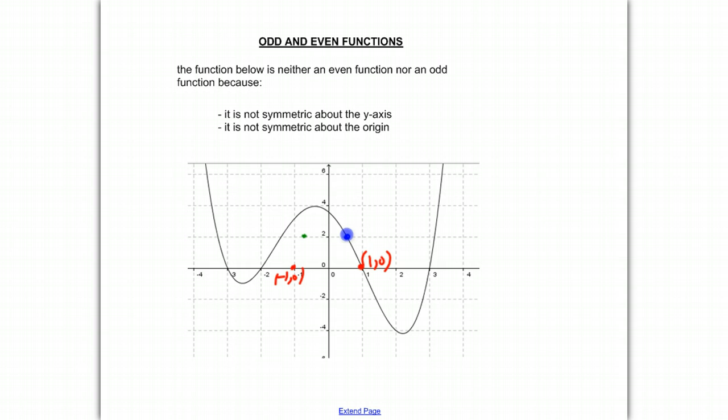And then if I reflect about the x-axis, it would end up somewhere around here. And you can clearly see that's not on the graph. Therefore, as long as at least one point is not symmetric about the origin, then the entire graph is not symmetric about the origin. And this function, represented by this graph, is neither an even function nor an odd function.